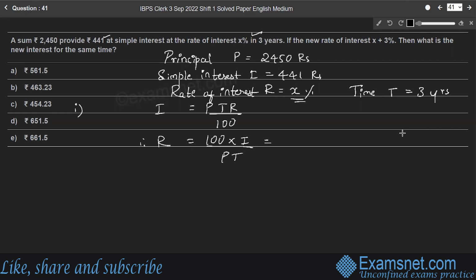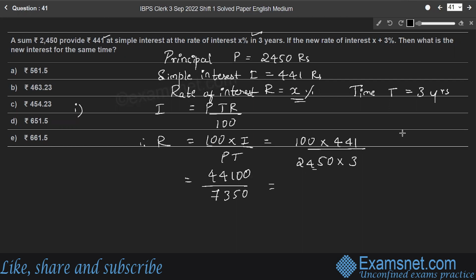So what is R here? Simple interest is 441 rupees divided by principal 2,450 into time period 3 years. Therefore, it is 44,100 divided by 7,350, since 245 into 3 is 735.